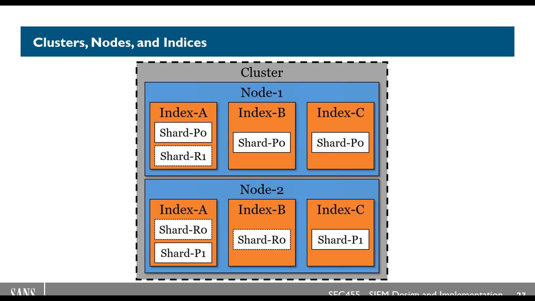And when data is written, instead of a traditional approach of, oh, you have one database and it's on one server, it gets split up into shards. And those shards cross more than one host, and when you do a search, all the shards get searched. So it's distributing your queries across multiple nodes for high performance.